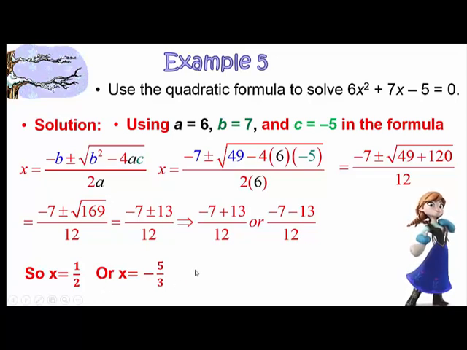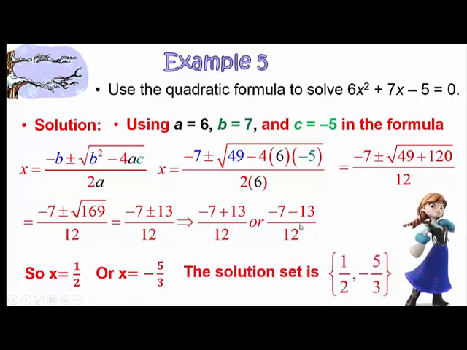So the solution set is -5 over 3, comma, 1/2. So those are the two possible solutions that we could have for this particular equation. And there's the solution set written out.